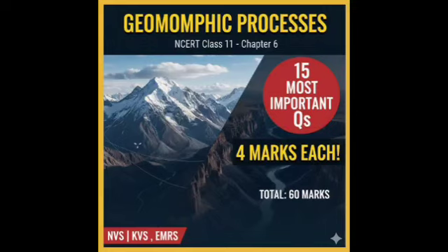Next is acid production. Organisms like lichens and decaying matter release organic acids that dissolve rock minerals. Burrowing animals like earthworms mix the soil, bringing new material to the surface for faster weathering.